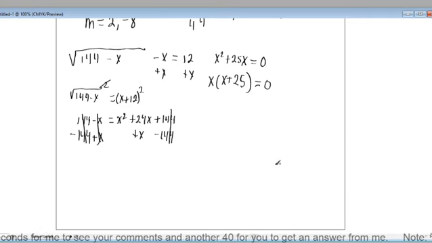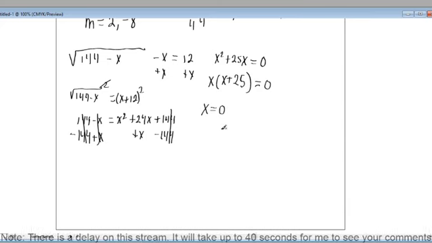Okay. And now, if we look closely here, we see that we have x times (x plus 25). Well, this is two things multiplying to get 0. So we can use our zero product principle. Set both the things that we're multiplying equal to 0. The first thing we're multiplying is x. Set it equal to 0.